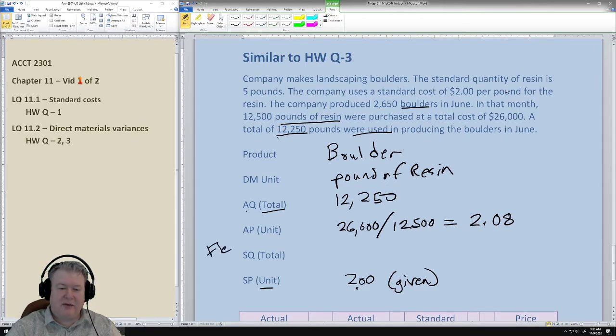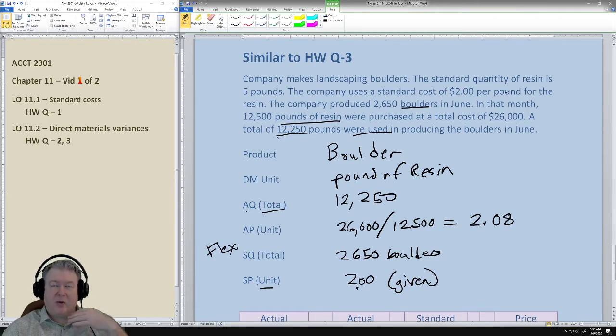So think of this as flexible budget. If we produced 2,650 boulders, and we want to know, if that originally was our budget, to produce 2,650, how many pounds of resin would we have budgeted? Well, our budget is 5 pounds per boulder.